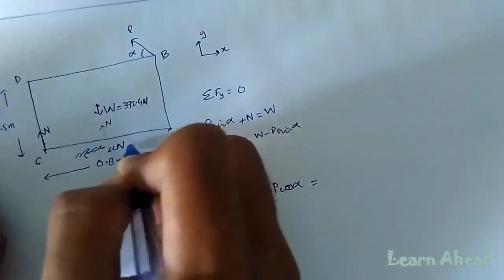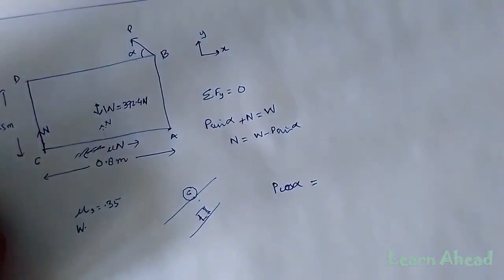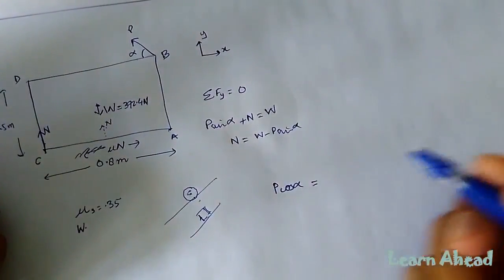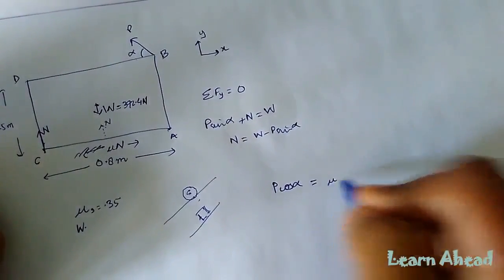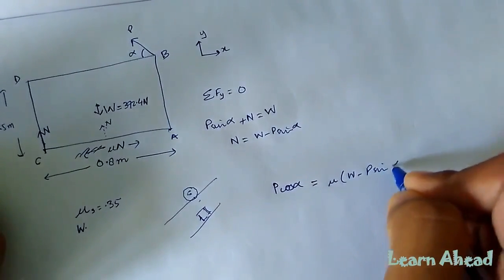I'm sorry, friction will be acting in this direction. Now just equate it, equals mu N. So mu times N is nothing but mu times (W minus P sin alpha).